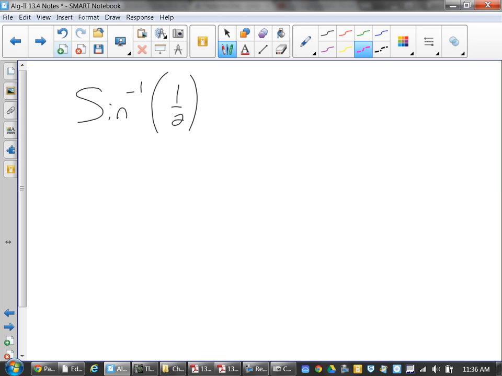What angle has a sine of 1/2? That's what you're asking. So what I want you guys to get in the habit of thinking here is, what triangle does this go into? It's a 30, 60, 90.